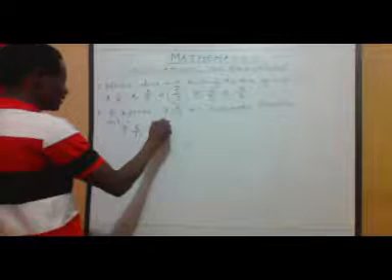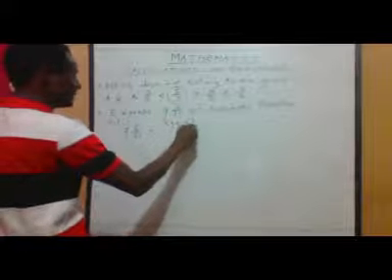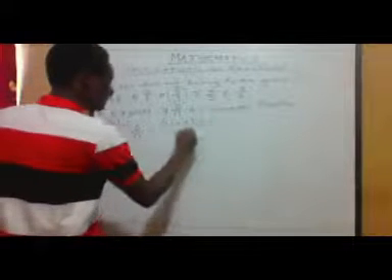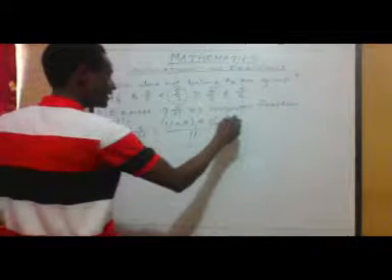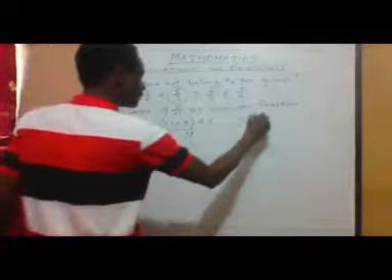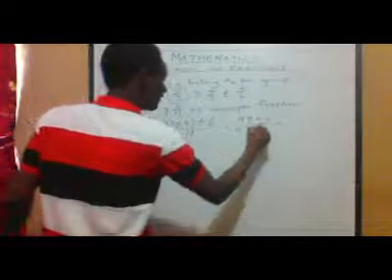Solution to this: 9 whole number 6/11 will be 11 times 9, in brackets, plus 6, divided by 11, which will now be 99 plus 6 over 11.